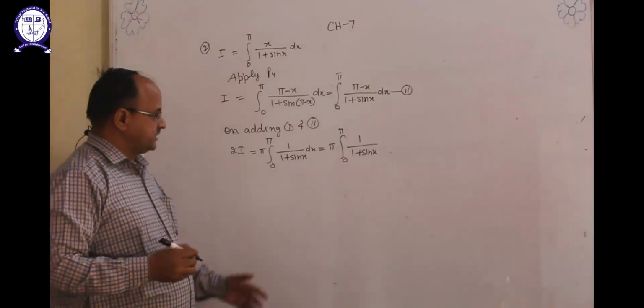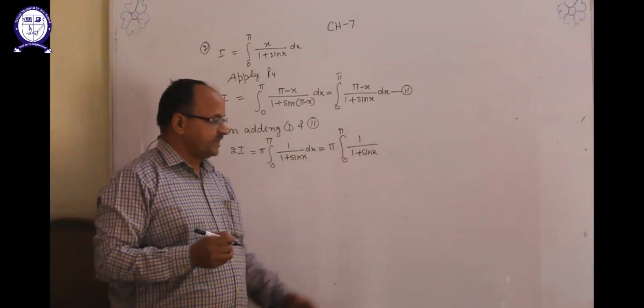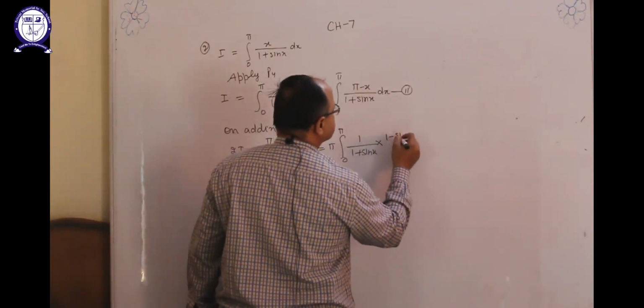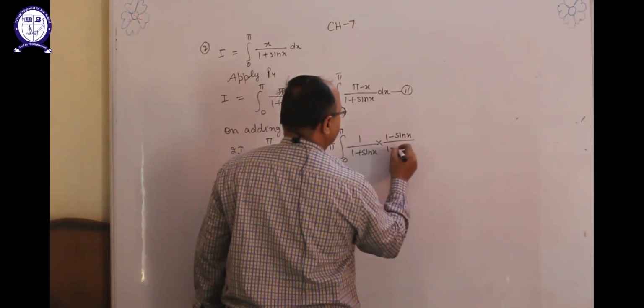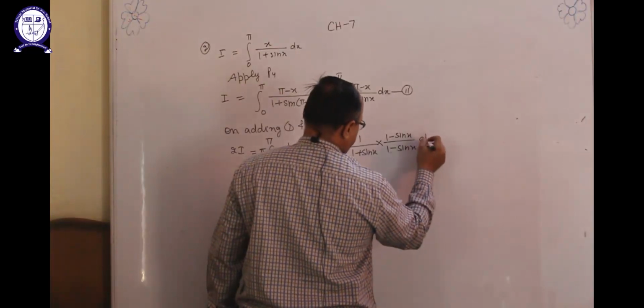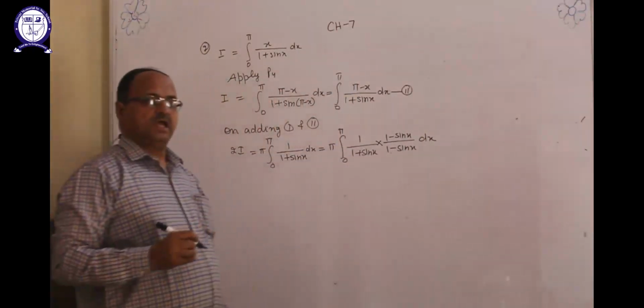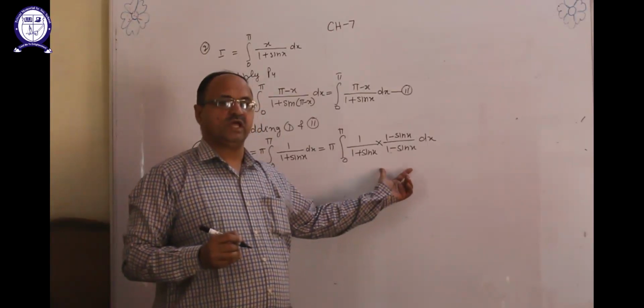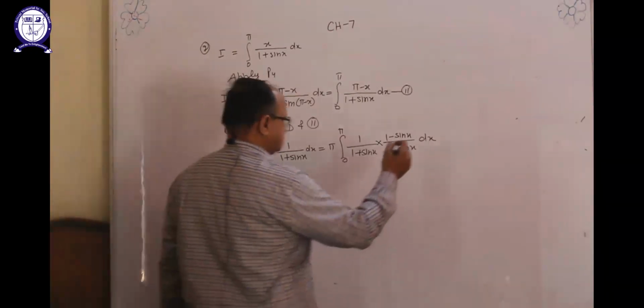Now for integration we have to multiply numerator and denominator by 1 minus sin x: 1 minus sin x upon 1 minus sin x dx. In the denominator you can apply the formula a plus b into a minus b is a square minus b square.